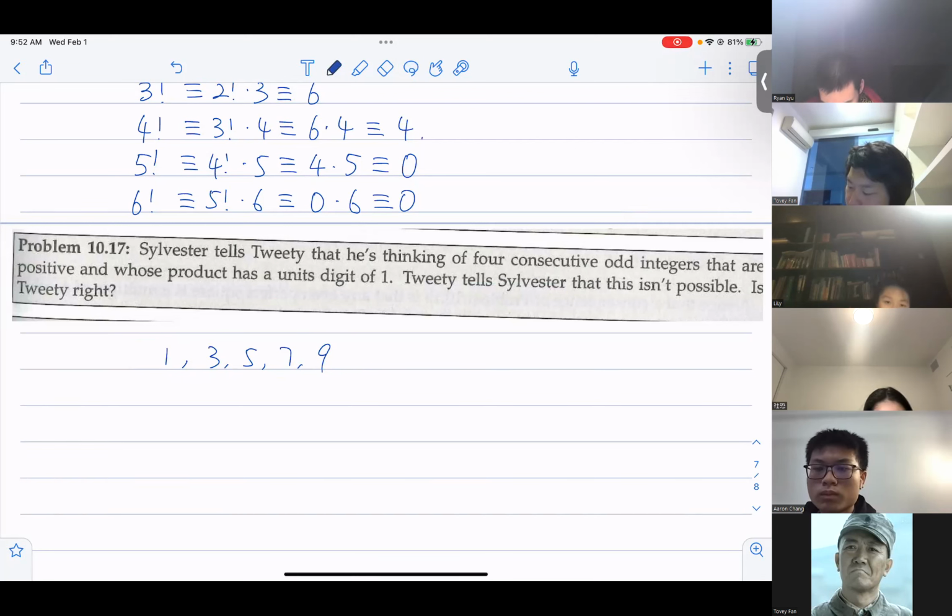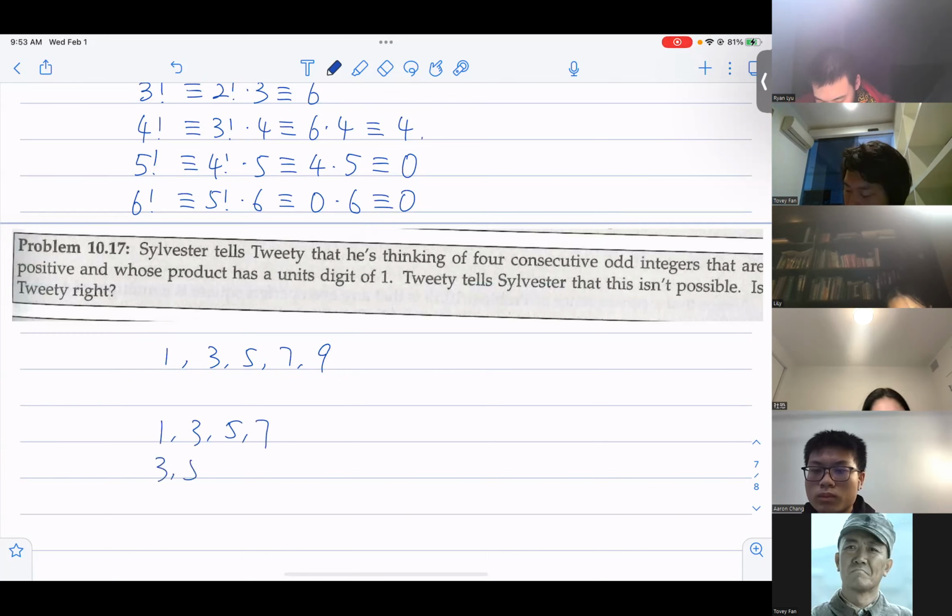Okay, now for 4 consecutive odd integers, the possible scenarios you could have are these. Let's write it down. So 1, 3, 5, 7. That's one possible scenario. Or you could have 3, 5, 7, 9. Or you could start from 5: 5, 7, 9, 1.